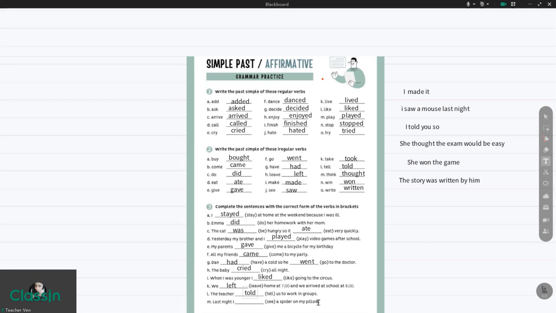Told. Okay, again, let's read. The teacher told us to work in groups. Correct, right? Okay. Now moving on to our last sentence.